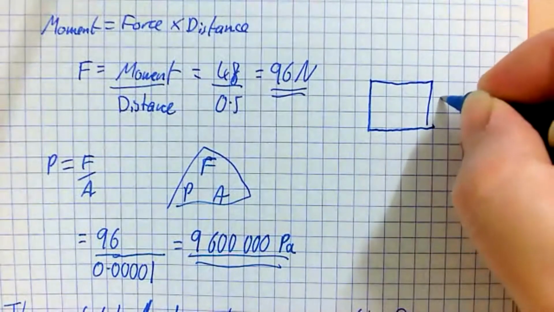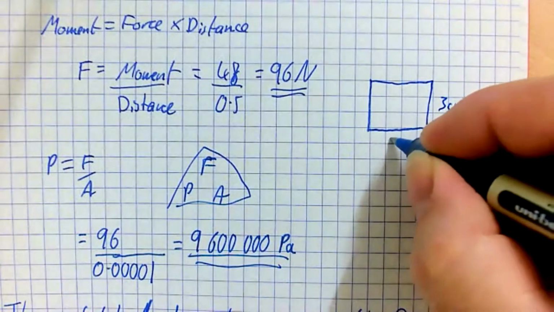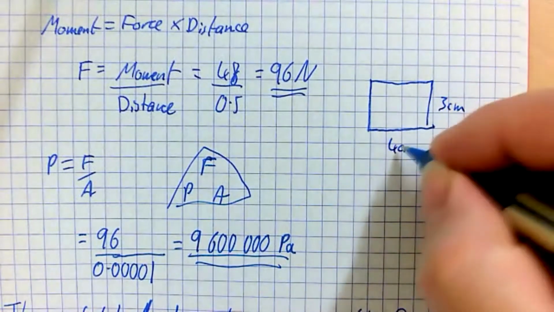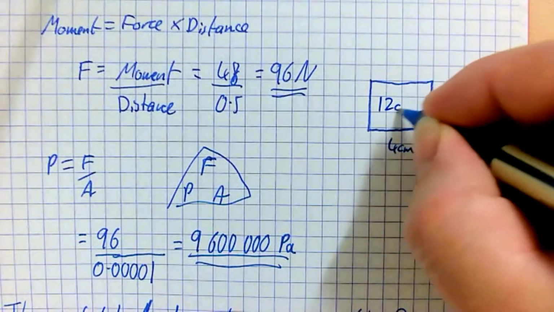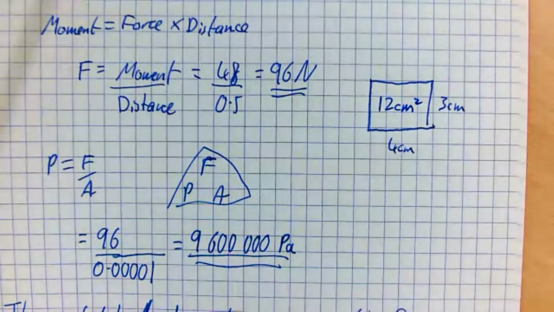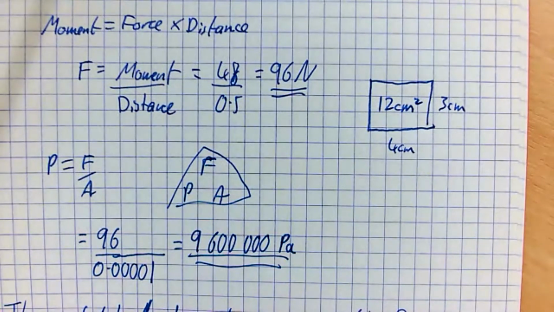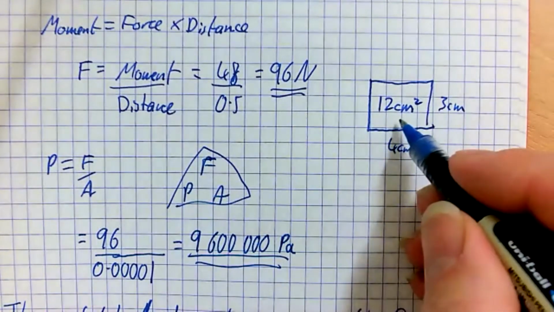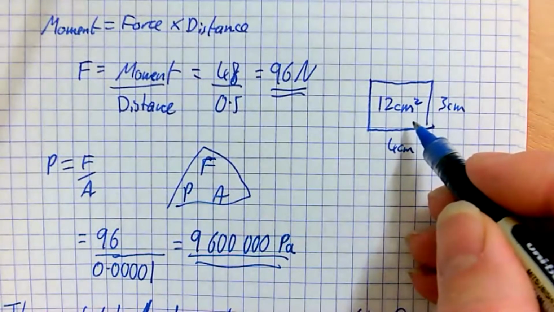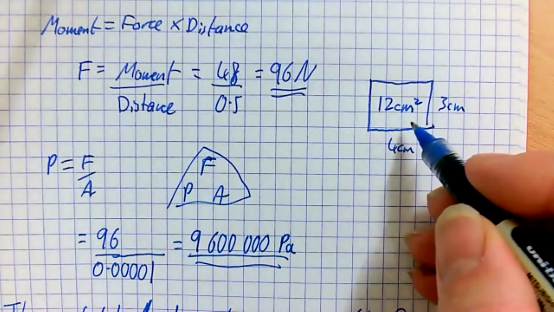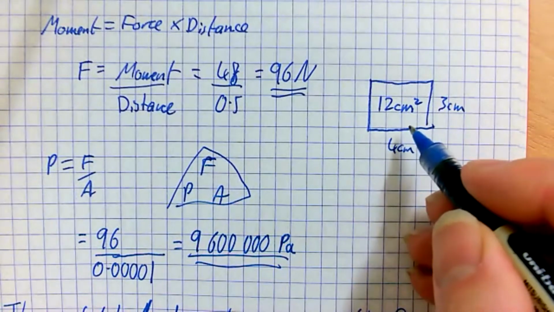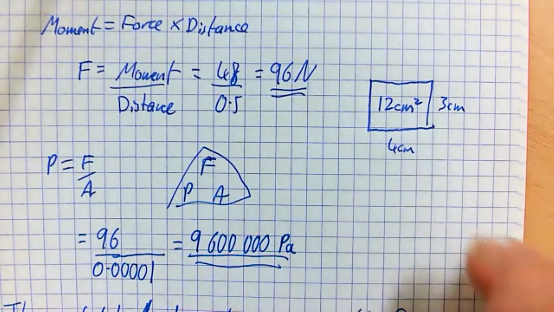So if that was, say, 3 centimeters and that was 4 centimeters, that would be 3 times 4, which is 12 square centimeters. That makes sense? Yeah, thank you. That's a way of calculating area. Normally in questions, you're given the area. Just be aware of the unit. If you've got an area in square centimeters, then when you calculate your unit of pressure, that's going to be newtons per square centimeter, not pascals.